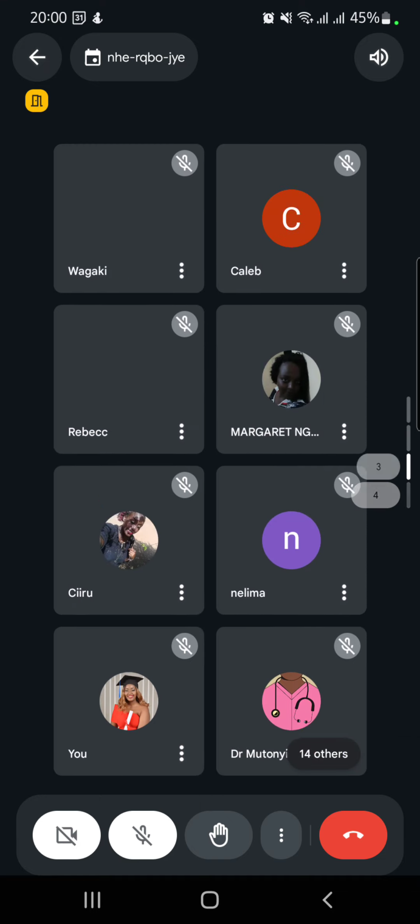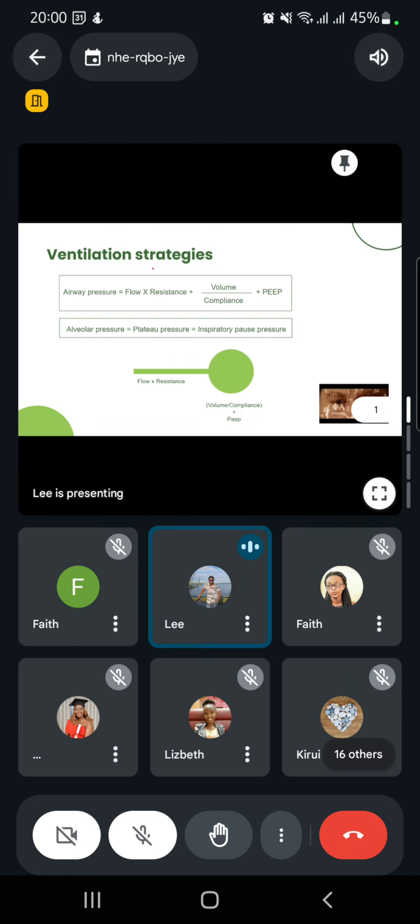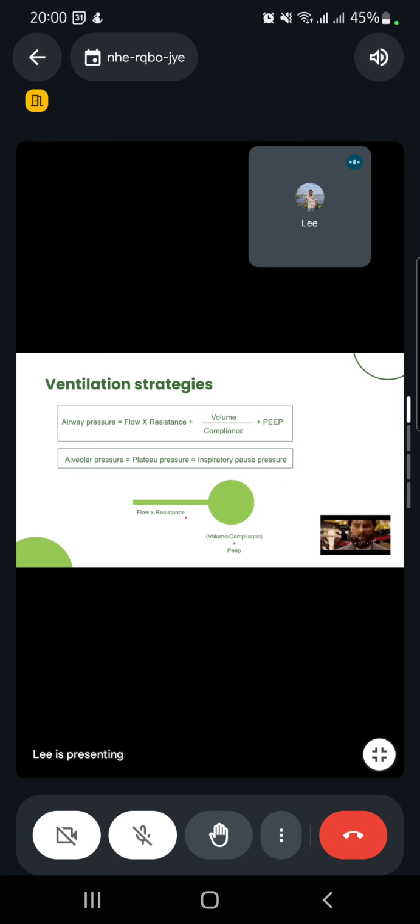Now, still on your ventilator strategies, in obstructive airway diseases, your airway is narrowed. This airway right here is narrowed, and for the flow of air that you're delivering to the alveolus, you need to provide a certain amount of volume. So when you shove a lot more volume through that narrowed airway, you get higher resistance.